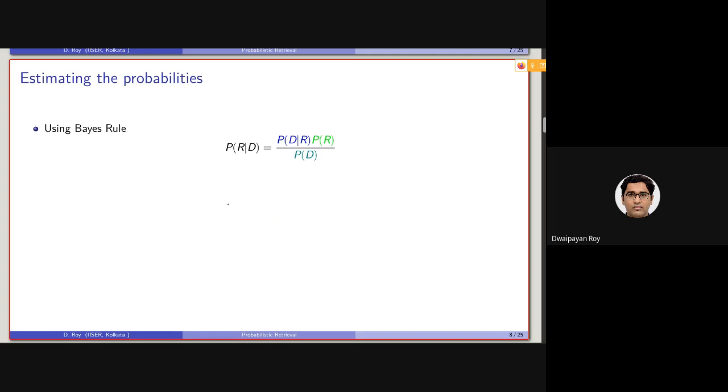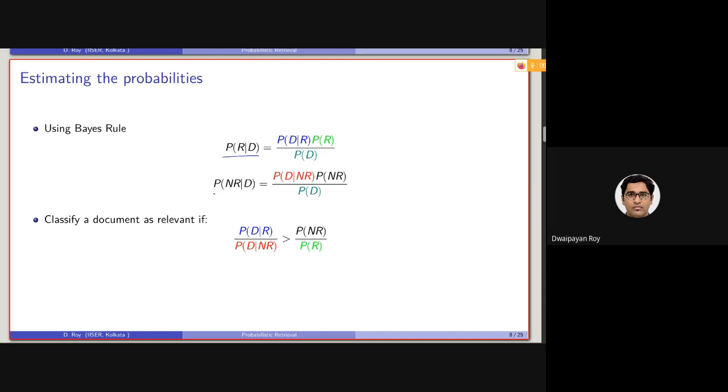Now, using the Bayes rule, probability of R given D can be written like this: probability of D given R times probability of R divided by probability of D, and probability of NR given D can be expanded using the Bayes rule as this. Again, from the classification point of view, a document will be considered relevant if this is greater than this.